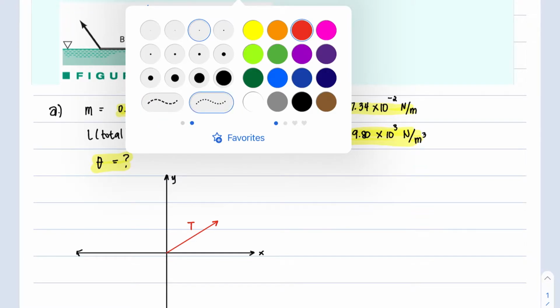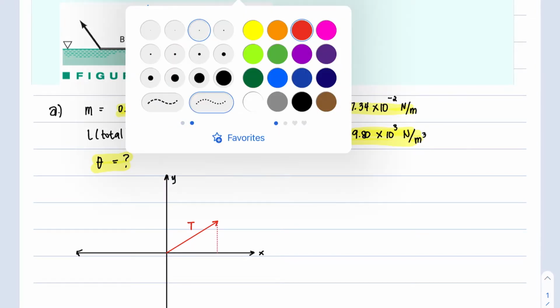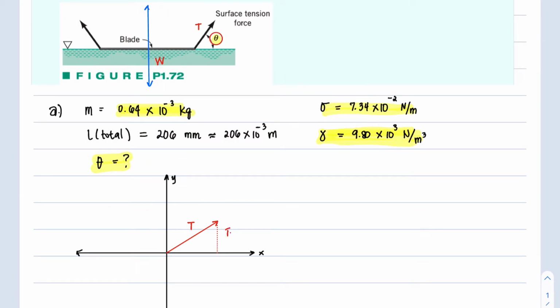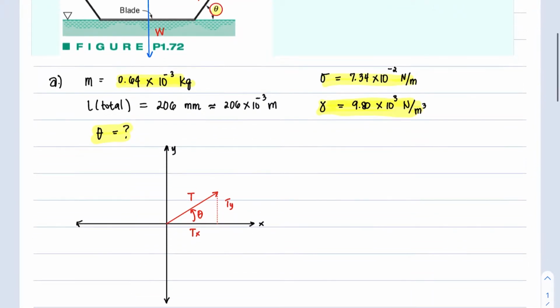That would be my y component, my T sub y, and of course I have some angle theta over here, and this side here is my T sub x, meaning the x component of the surface tension force. I would just like to emphasize again that it is being held by the surface tension force T, not the surface tension itself.